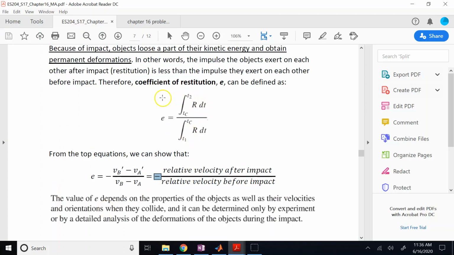So the meaning of coefficient of restitution is it's the ratio of two impulses.